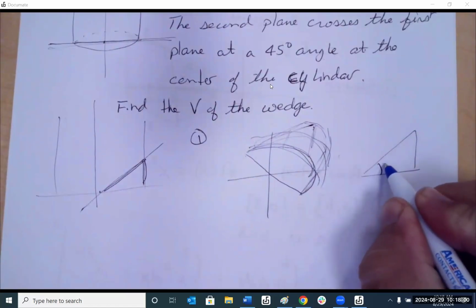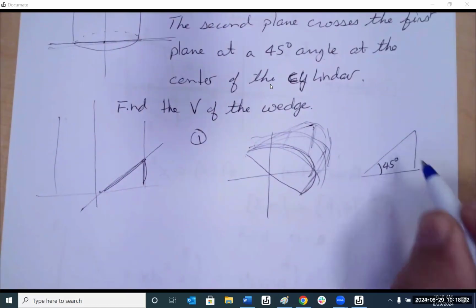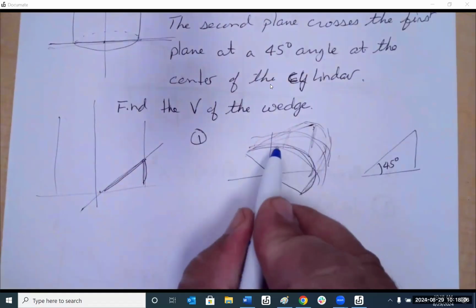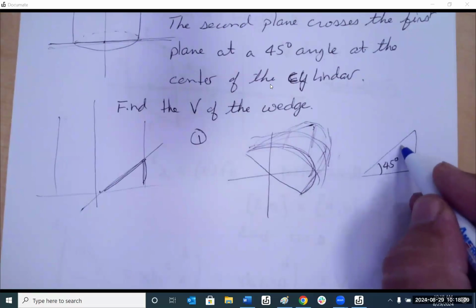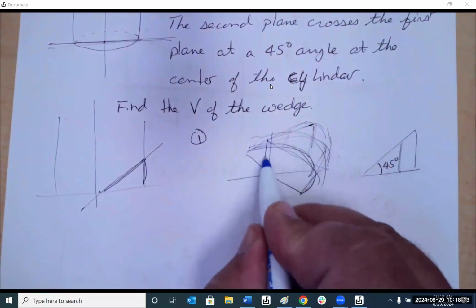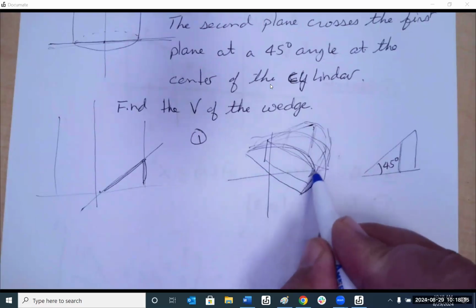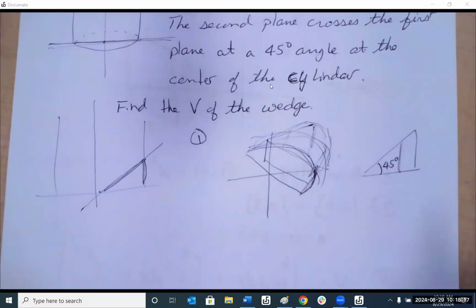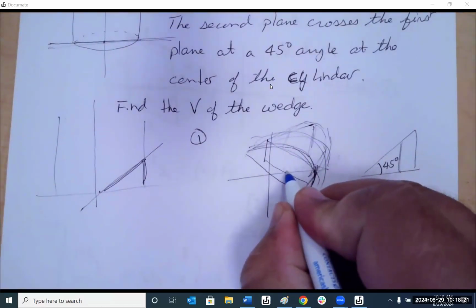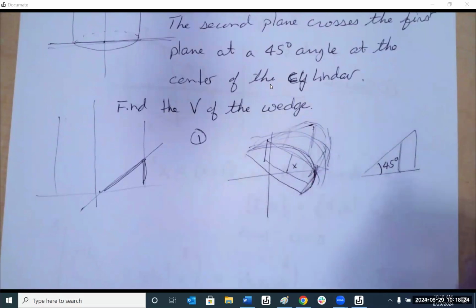We know that this is a 45-degree angle. The cross sections are going to be across here, and that's going to be on the x-axis.